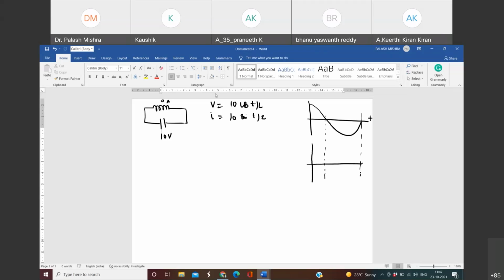This will be pi, I think so, right? And here it will be pi by 2, so it will be maximum something like this, and then it will go something like this.